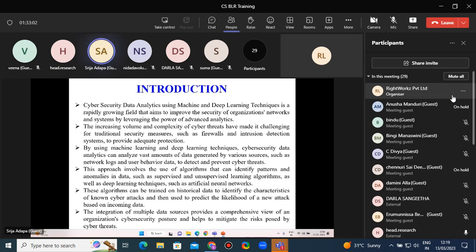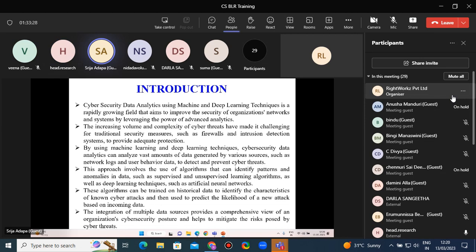This approach involves algorithms that can identify patterns and anomalies in data, such as supervised and unsupervised learning algorithms, as well as deep learning techniques such as artificial neural networks. These algorithms can be trained on historical data to identify the characteristics of known cyber attacks and then used to predict the likelihood of a new attack based on incoming data.